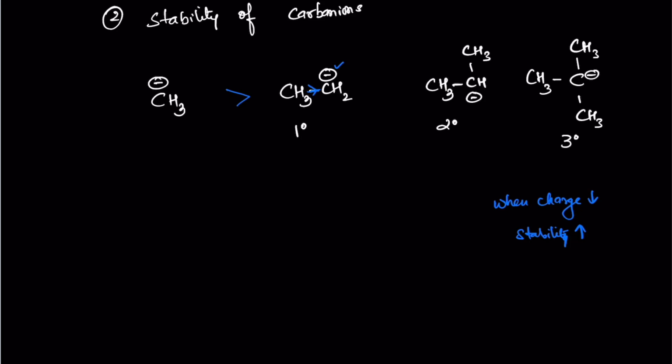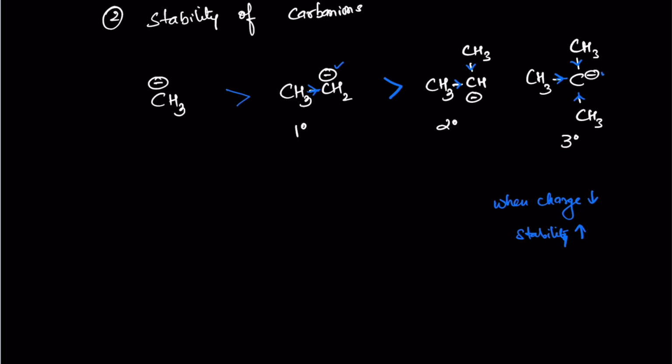Similarly, in the 2 degree carbon ion, there is a plus I effect from 2 methyl groups. So this is increasing the charge even more, and so its stability further decreases. So 2 degree carbon ion is less stable than 1 degree carbon ion. In the 3 degree carbon ion, we have inductive effect from 3 methyl groups.